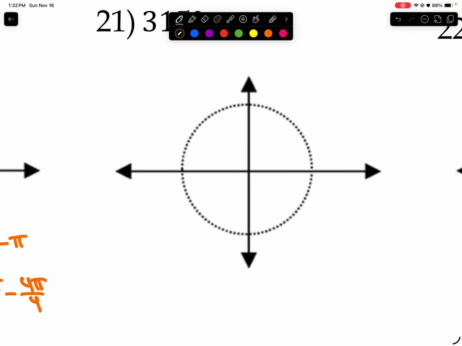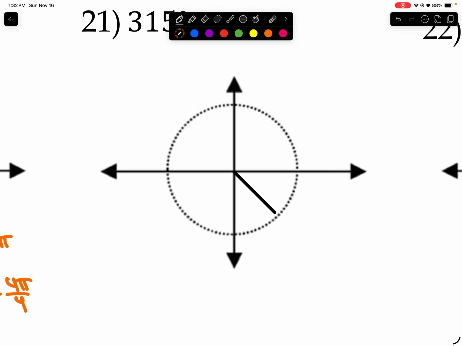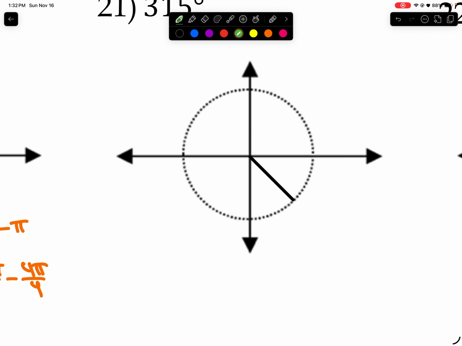So with 315, so 315 degrees, that's going to put you in quadrant 4. It's going to put you about over here. So when I graph this, this is going to be standard position going counterclockwise. And then my reference angle is going to be from the x-axis to this side. So this angle right here is my reference angle.